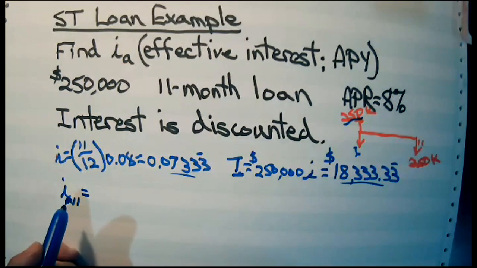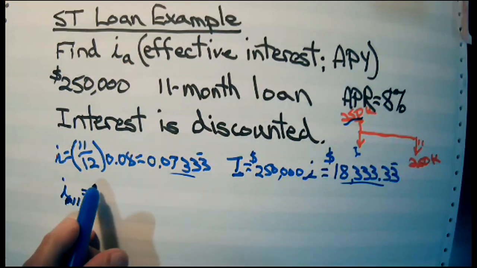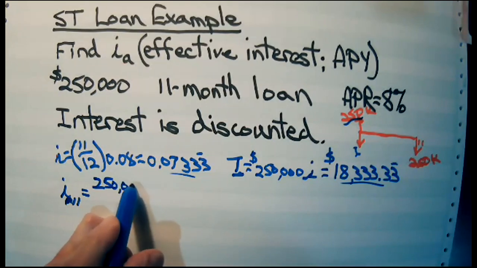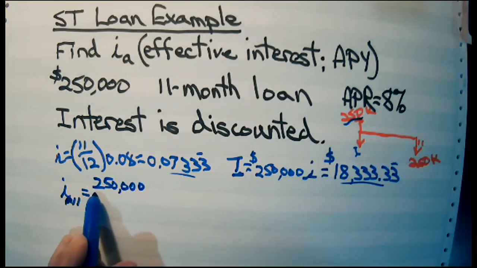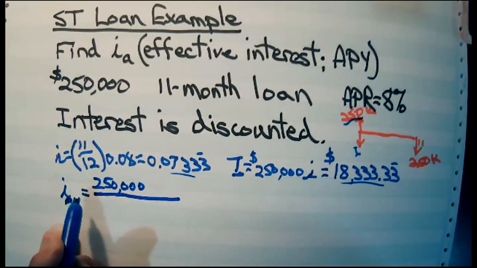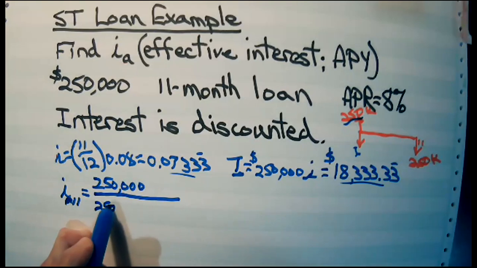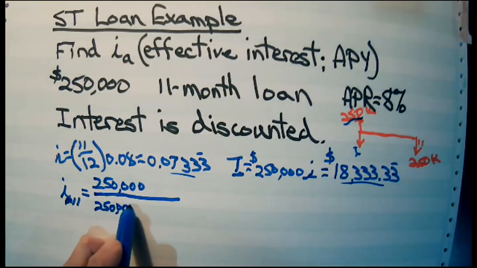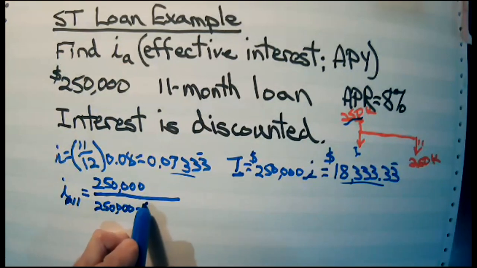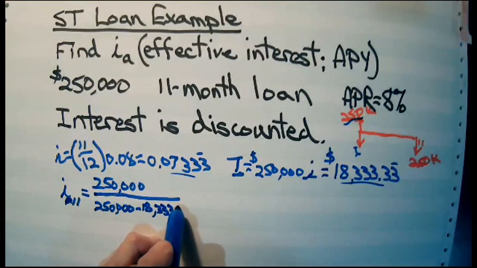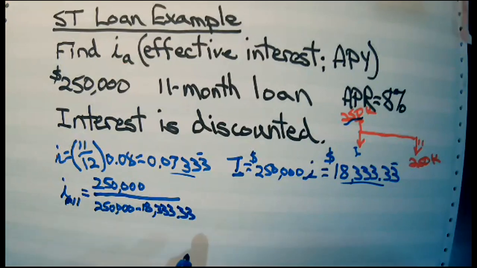You may not remember, but it is the P, the amount you borrow, is the numerator. The denominator is the 250 minus the interest. That ratio minus 1.